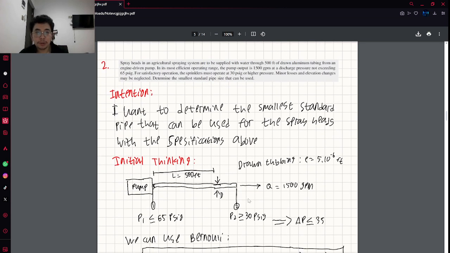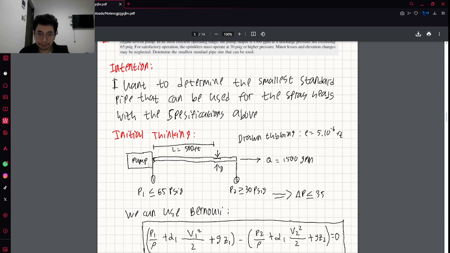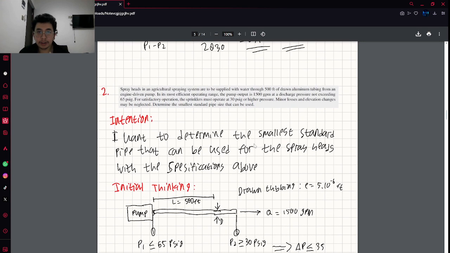And then number two, basically it's a spray head, like what we might have at home for gardening and stuff like that. So that's the part we're going to analyze. There's a pump, which is right here, that supplies through 500 feet of drawn aluminum tubing.